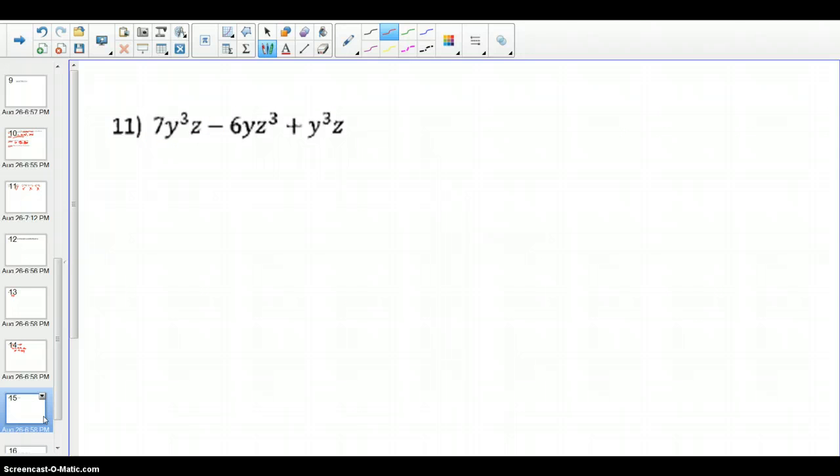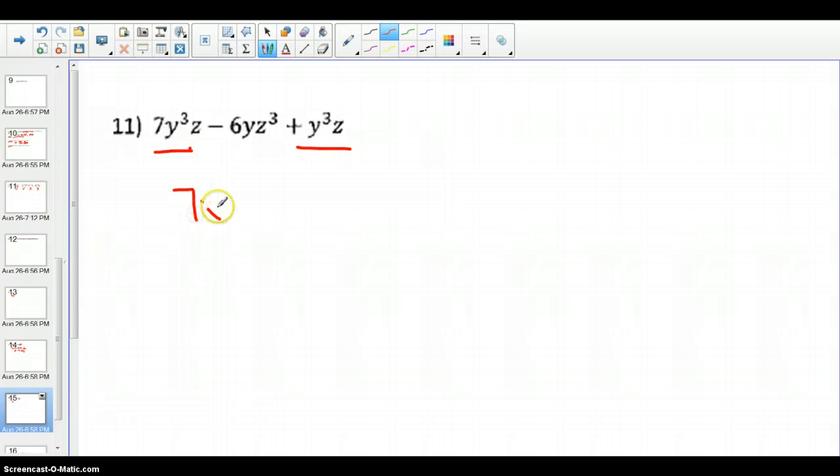Now let's look at this example right here. I have 7y cubed z minus 6yz cubed plus y cubed z. I'm looking at the endings and trying to find the endings that are the same. It has a 7, y cubed z. It's not like yz cubed because they don't end exactly the same way, but it is exactly the same as y cubed z.